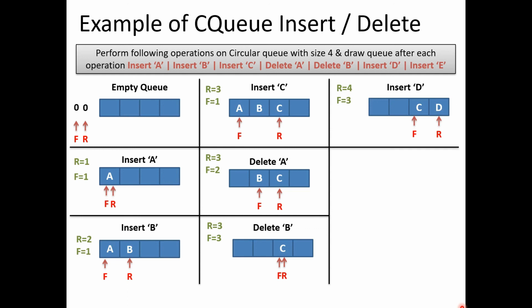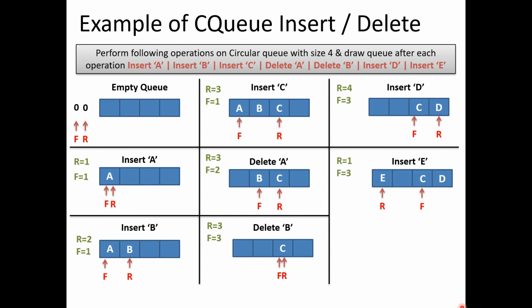Now again insert E. So in a circular Q, when R is equal to N, then we have to set our rear to 1, right? And at that position we have to insert element E, right?